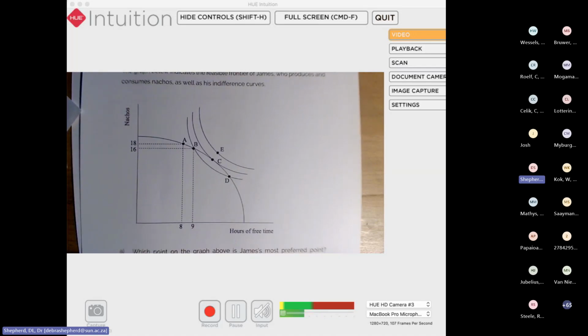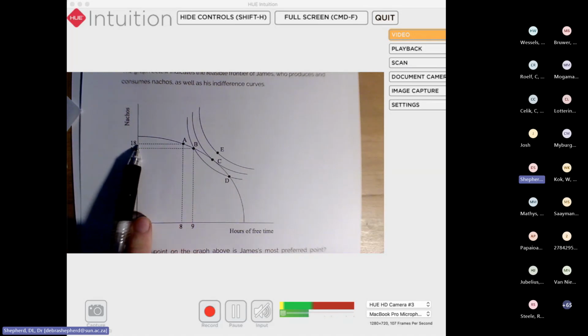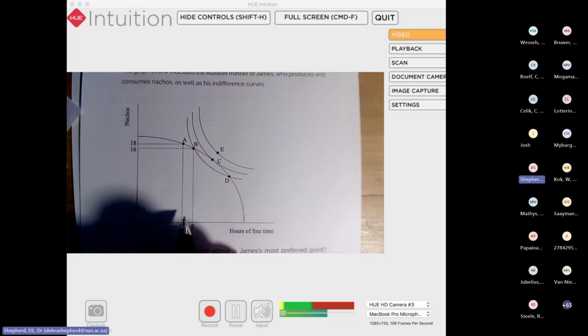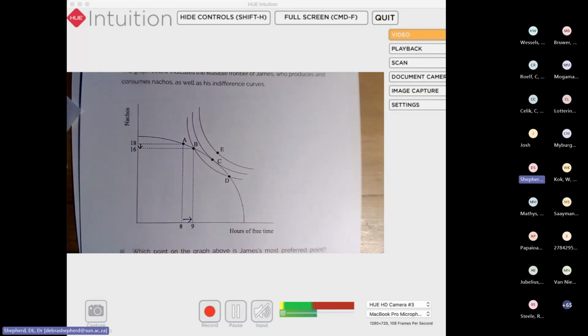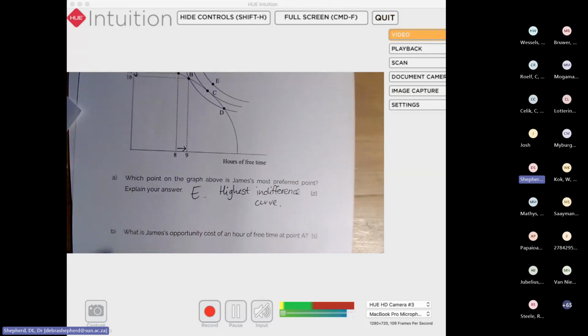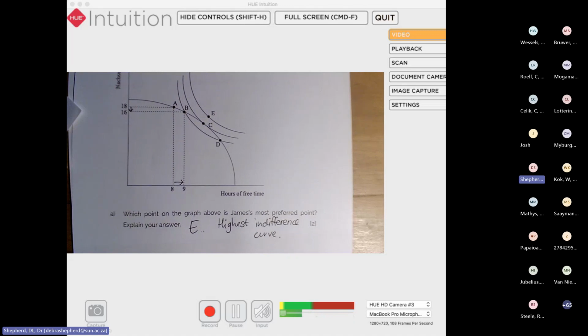So if we look at point A, he has 8 hours of free time and he's consuming 18 nachos. If he consumes 1 more hour of free time, he has to give up 2 nachos. So what is the opportunity cost of that extra hour of free time at point A?